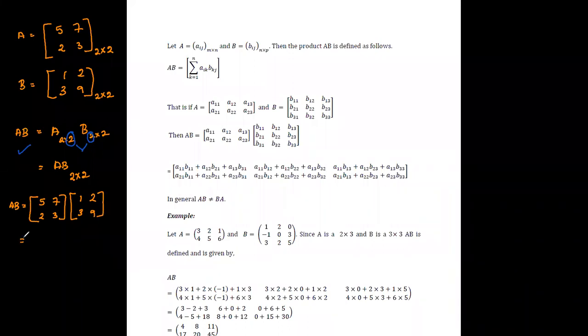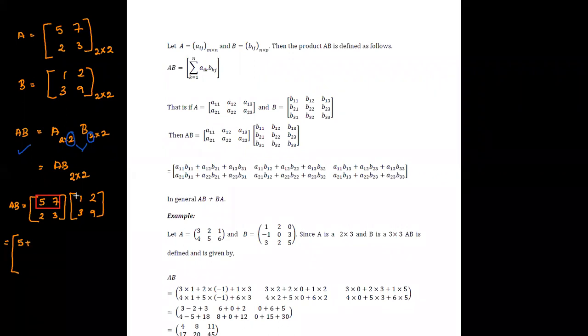If you perform this calculation, first row multiplied with first column, then you will get 5 multiplied by 1, value is 5, plus 7 multiplied by 3.